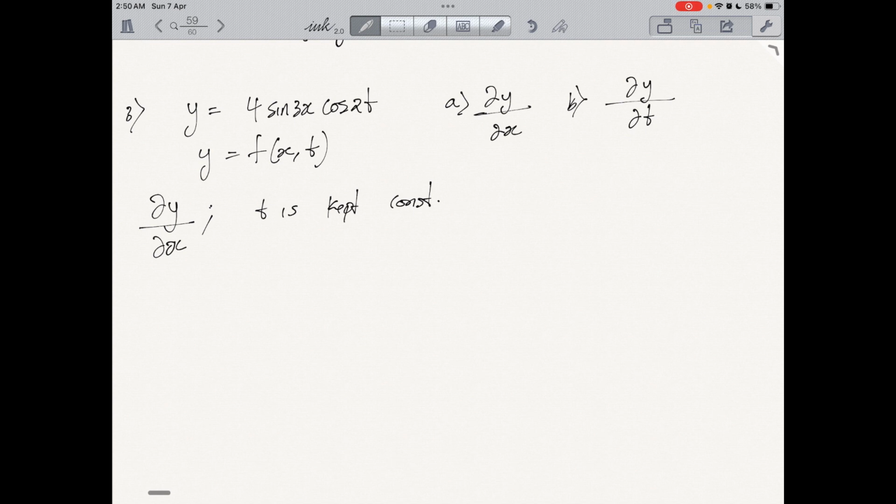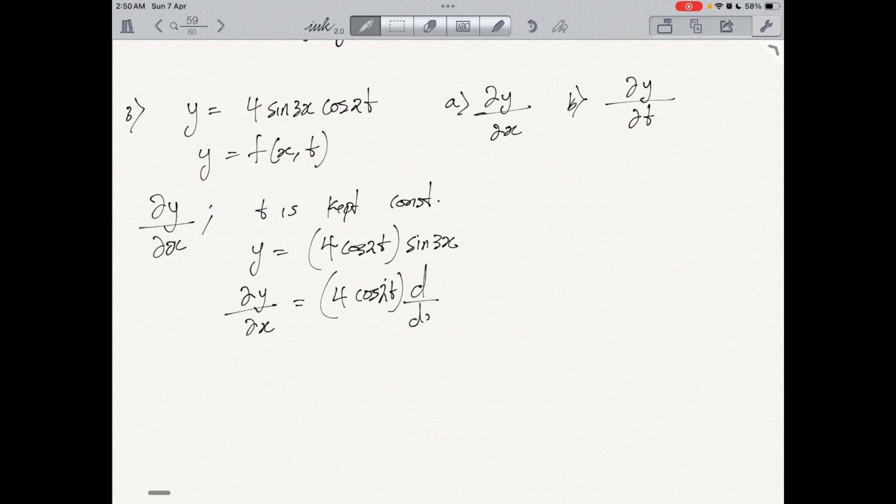Therefore our y is 4 cos 2t multiplied by sine 3x. So for the partial derivative of y with respect to x, 4 cos 2t is kept constant. However, sine 3x is differentiated with respect to x.